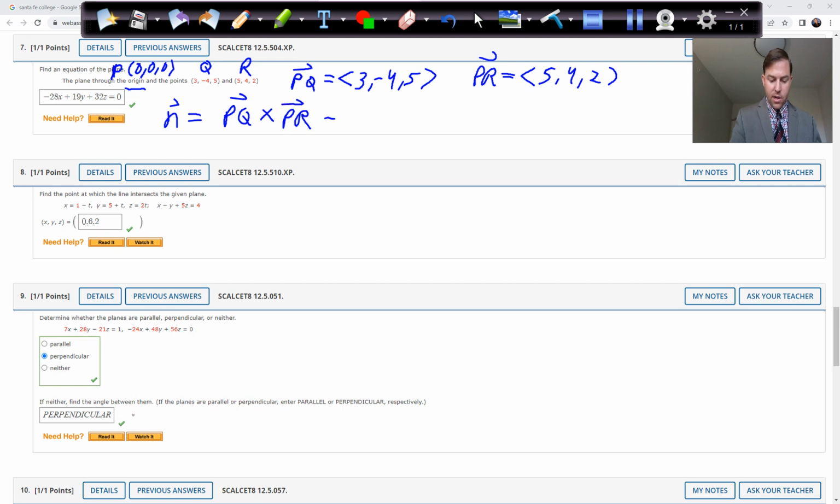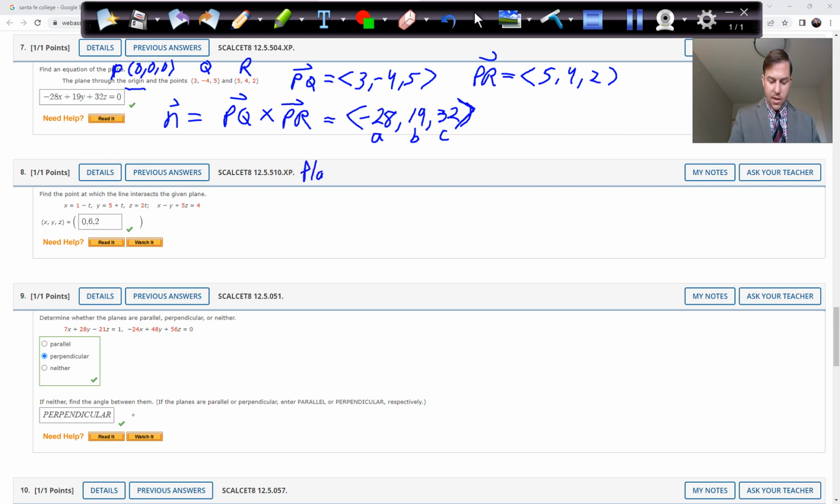Review section 12.4 on how to do this. For my numbers anyway, I get negative 28, 19, and 32. And that's A, B, and C.